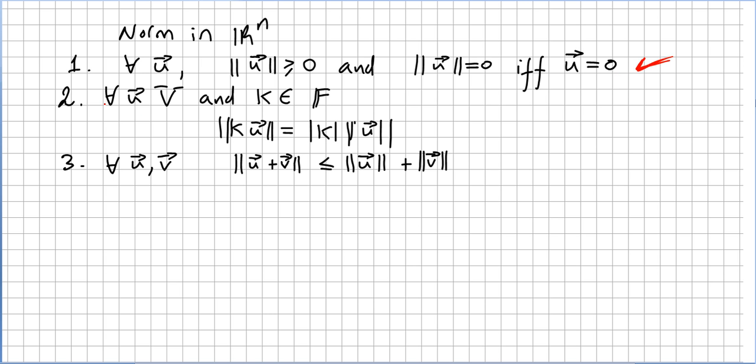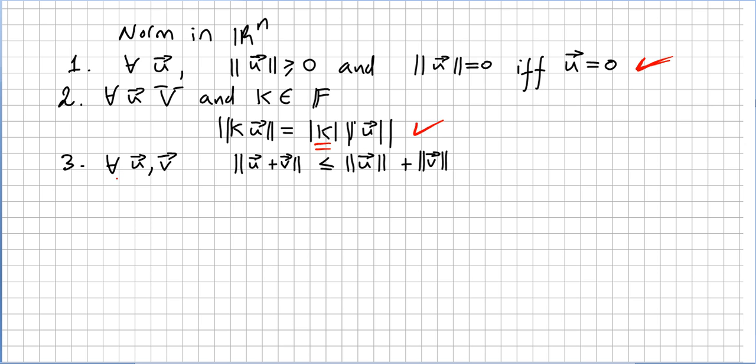The second property is for any vector in the vector space V and k scalar in the field, the norm of the scalar times the vector is equal to the absolute value of the scalar times the norm of the vector. And that's the second property.